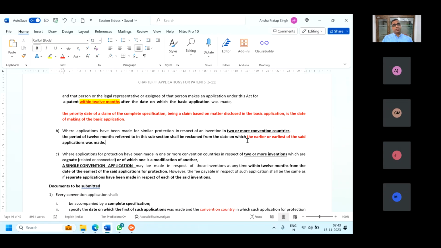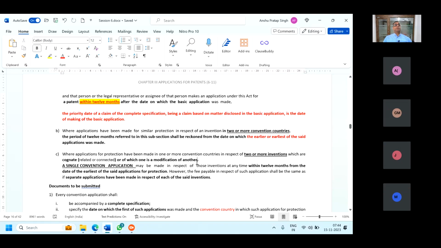Two or three questions generally can come. Sometimes it is on a case basis, you have to advise. Sometimes it is on the basis of MCQ, or sometimes it can be a multiple MCQ, whether these three are correct for this particular application or not. But it is always a use-based case which comes under convention application or PCT application. Nothing direct will come. That's how I have seen that nothing direct comes.